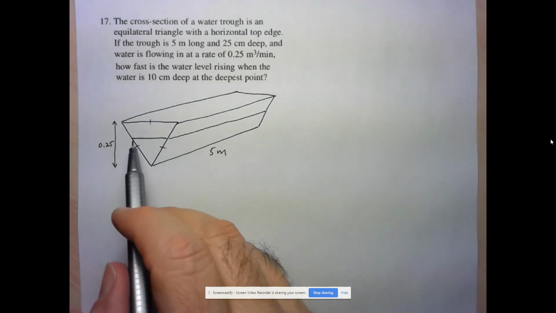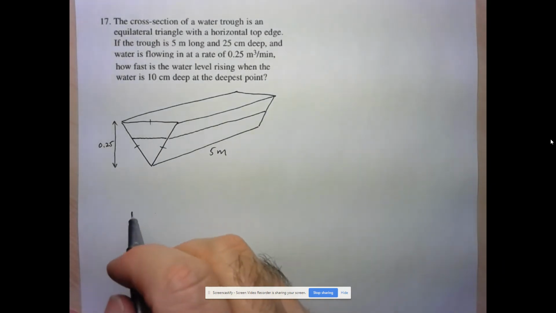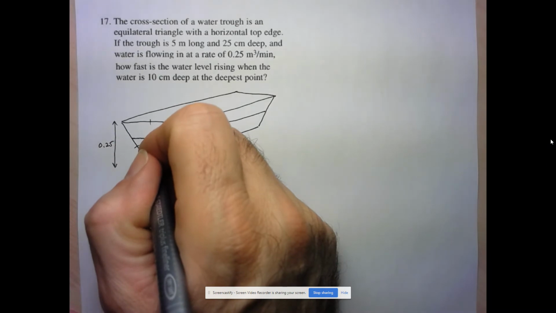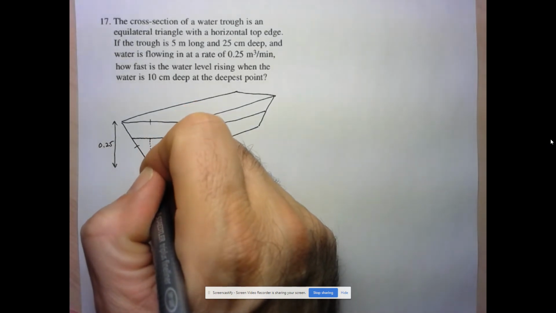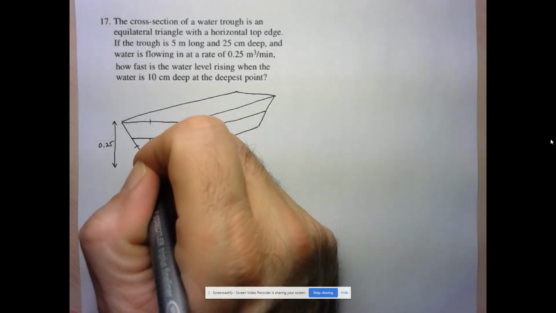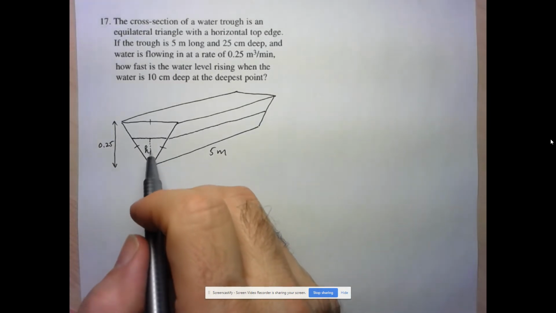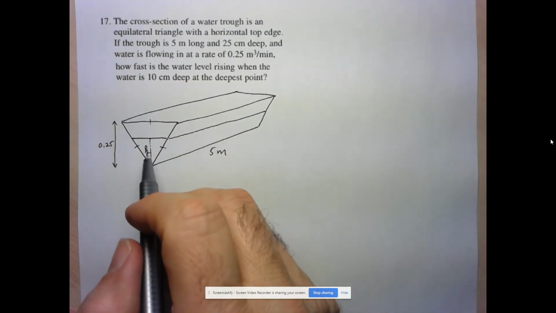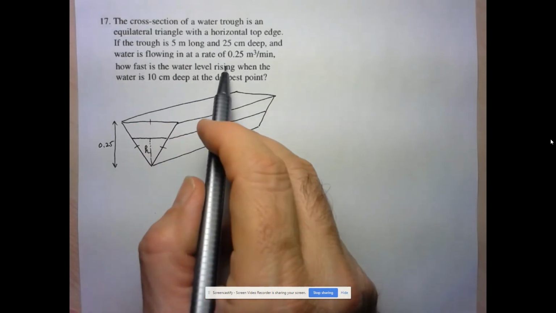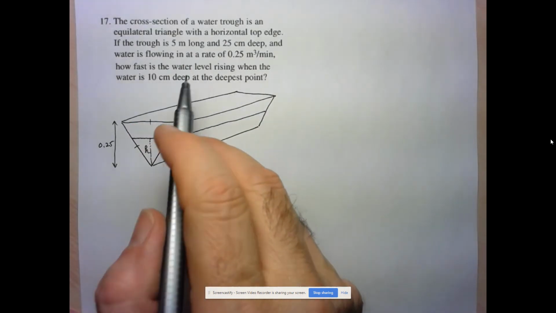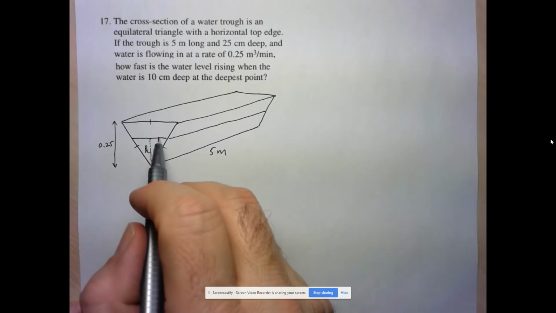The area of a triangle is base times height. Let me call the height of this triangle h, which is also the variable I'm interested in, because it represents the water level, times the base of this triangle.